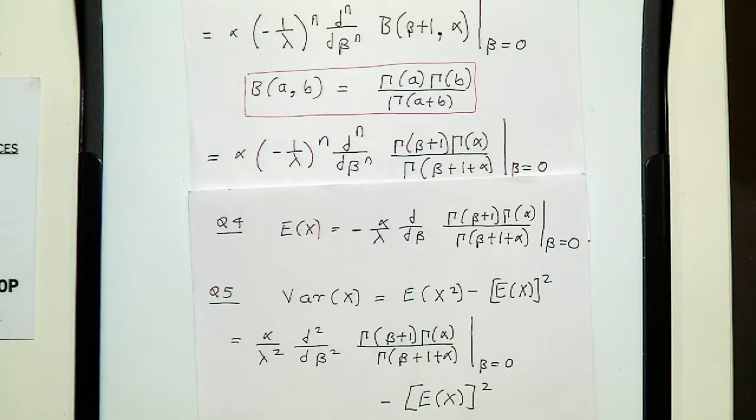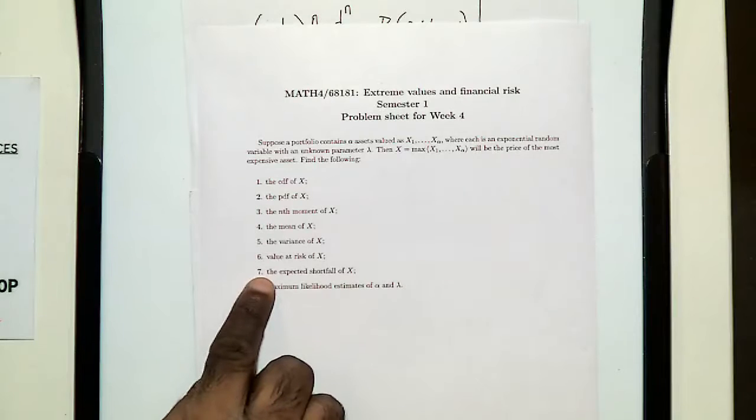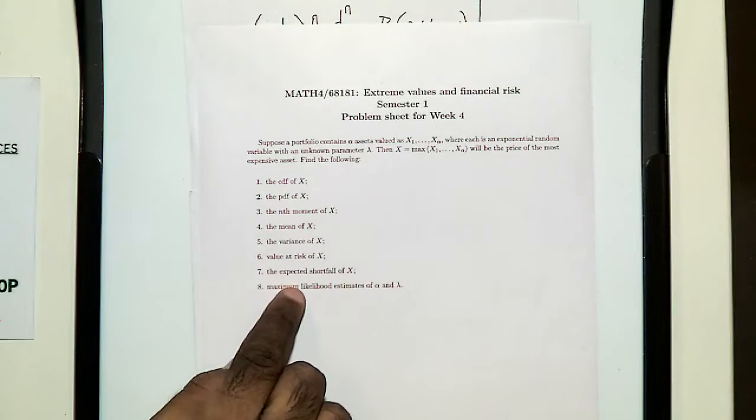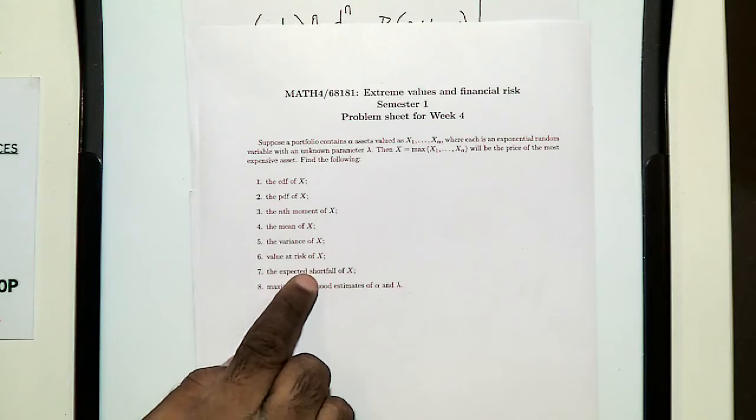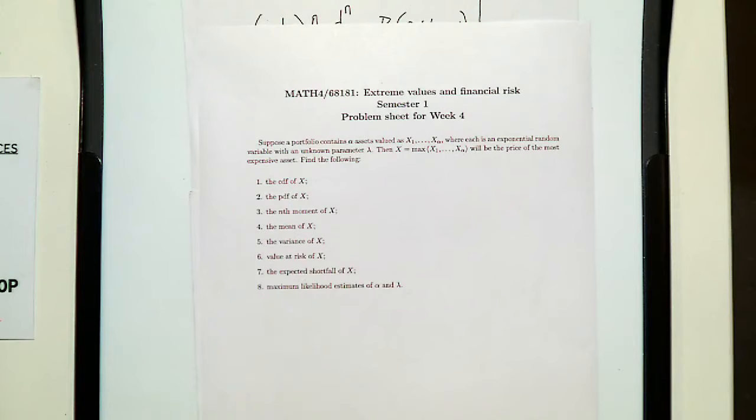Veronica, you okay? Alright, part 6 and part 7 you won't be able to do because I haven't covered the material. Part 6 is asking you for the value at risk, and 7 is asking you for the expected shortfall. You won't be able to do them for another 2 weeks or something.